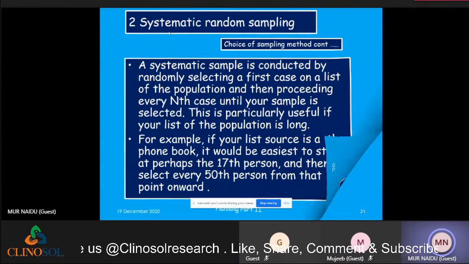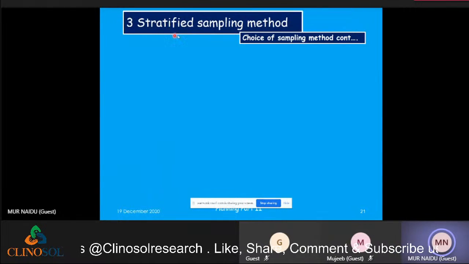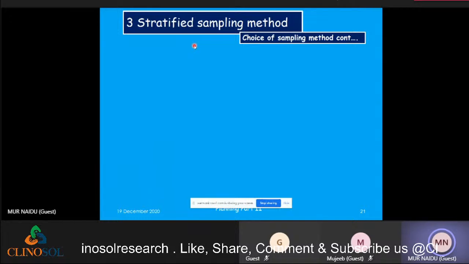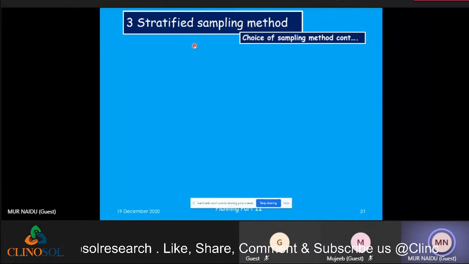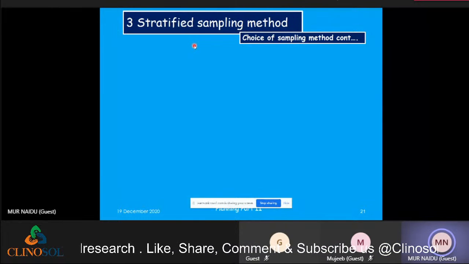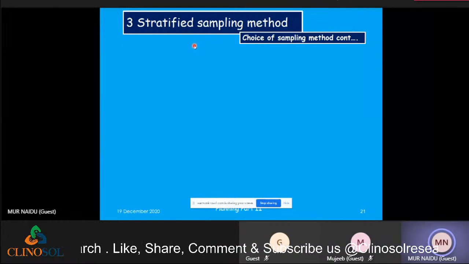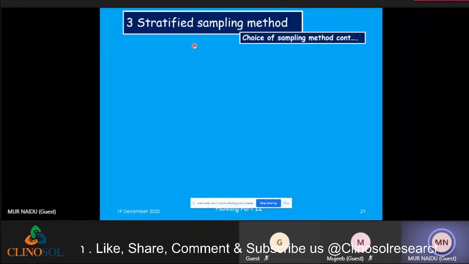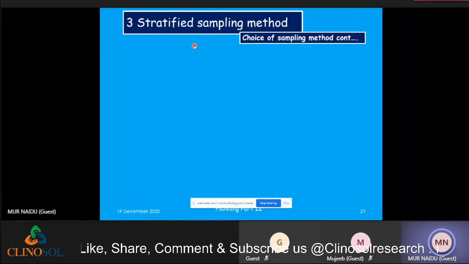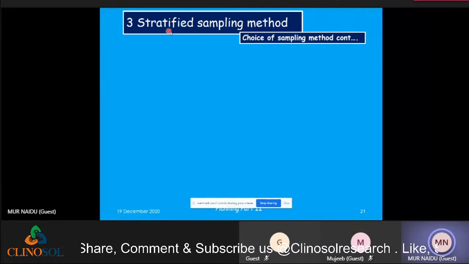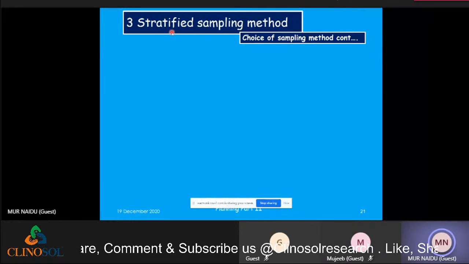The third method is stratified randomization. In your clinical trial, different types of people will come: a smoker will come, a non-smoker will come, male, female, or a patient who may be obese or non-obese. So a lot of people with a lot of stratification may come into your trial.